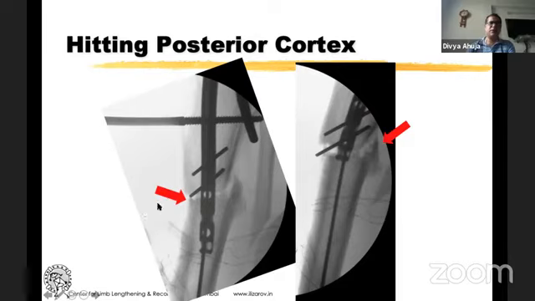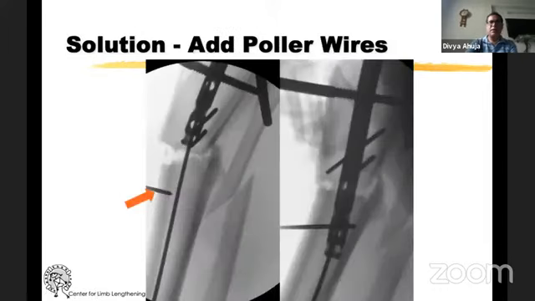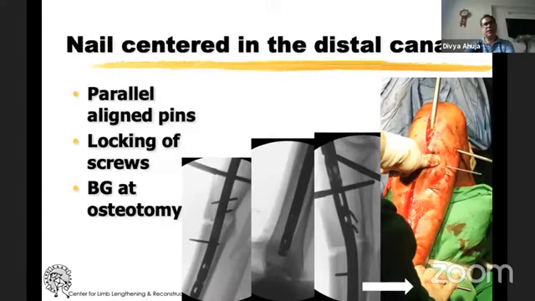That red arrow on the left image is showing it's not central in the canal. The culprit there was this bone spike, which was not letting the translation happen. So we added one more polar wire in the distal fragment to block that canal anteriorly, so that the nail goes more central in the distal fragment. And from then on, everything went on smoothly.